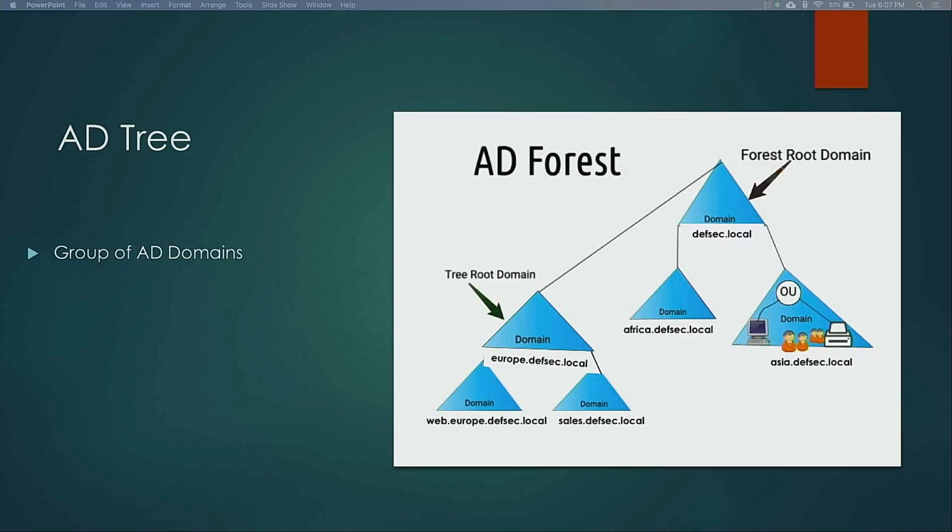So you have Europe.defsec.local, Africa.defsec.local, Asia, and from there it can also tree out more into specifically your web servers, maybe your sales departments, accounting departments, administrators, stuff like that. So, like I said, not only is it logical, it's also a good security mechanism to keep things partitioned off. You may do that at the network level with firewalls and other policies, but doing it from an actual user account perspective is very effective.